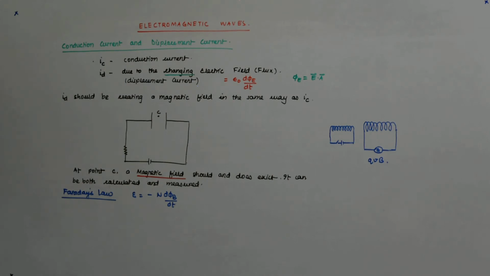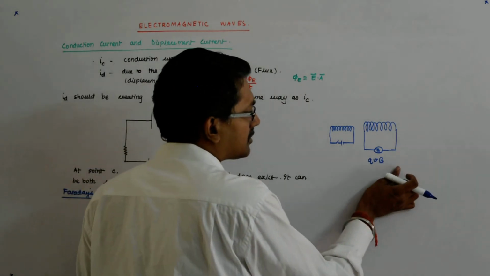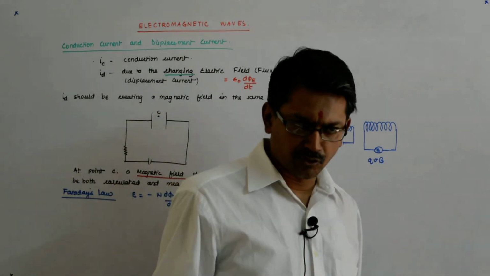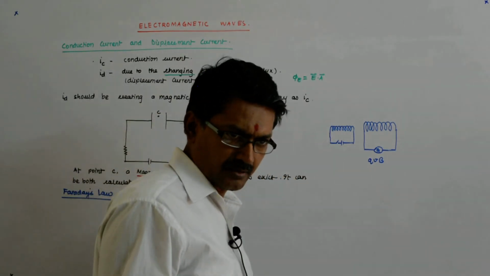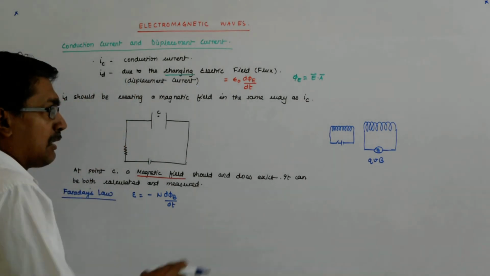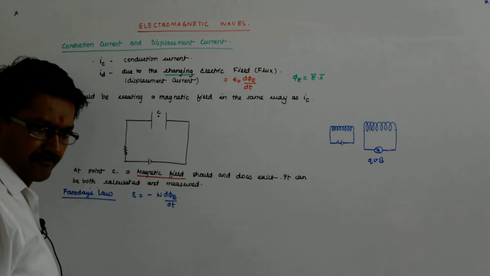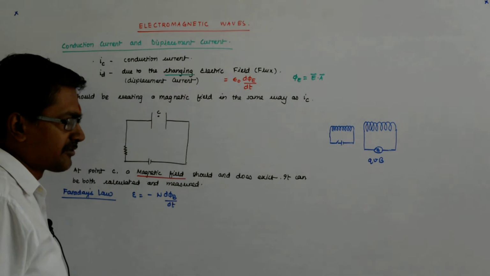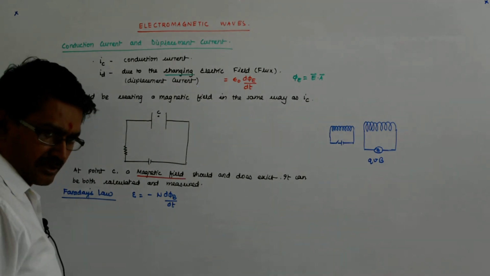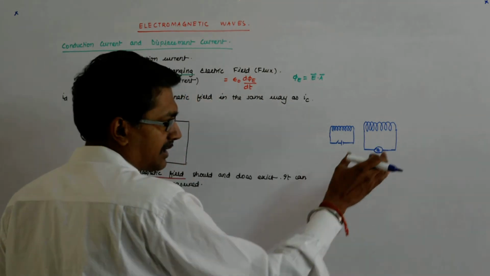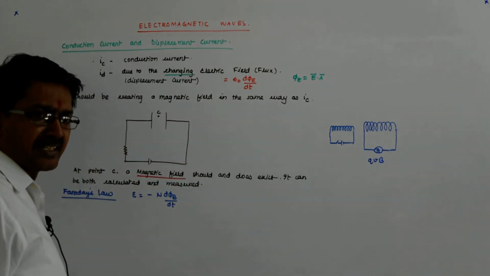That was the force experienced by the electrons due to the Lorentz force, QV cross B, correct? Now what was the cause of the flow of current here? But the very fact that the electrons here are moving means there is an electric field out there.